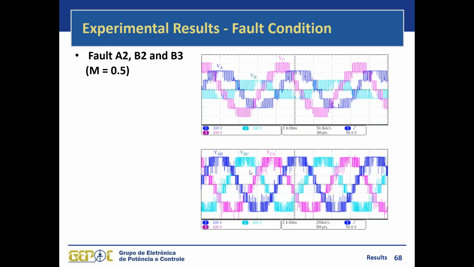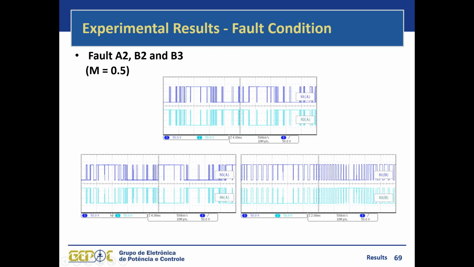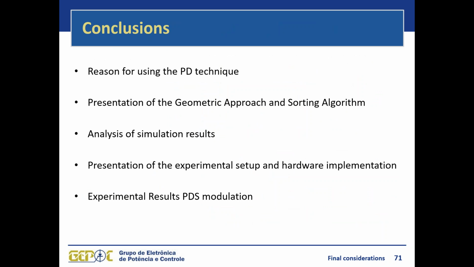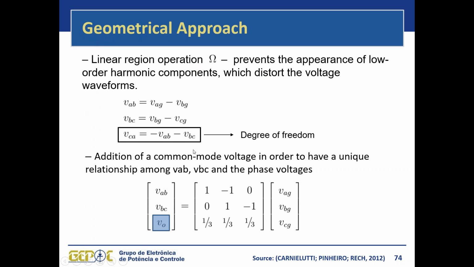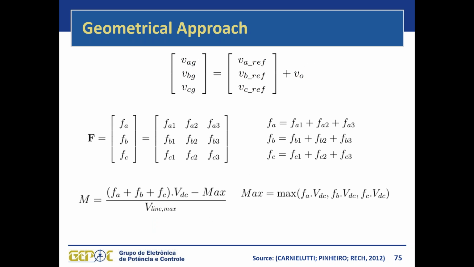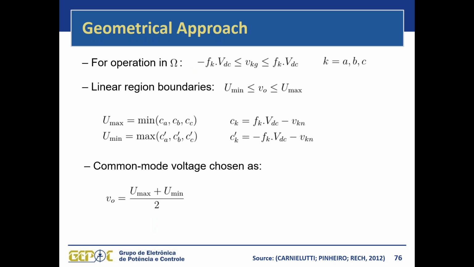And this is achieved by means of the paper that I mentioned before, that I published in 2012. Here we have the algorithm that was developed in this paper. I'll just skip these slides for a while, and I'm going to show you this.